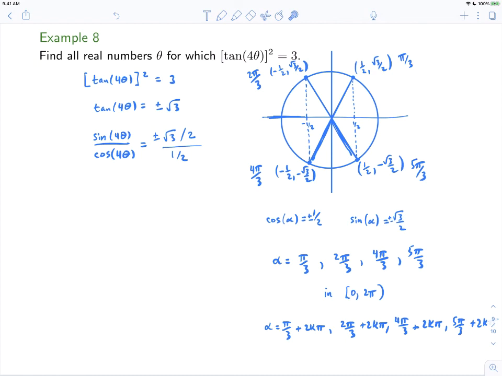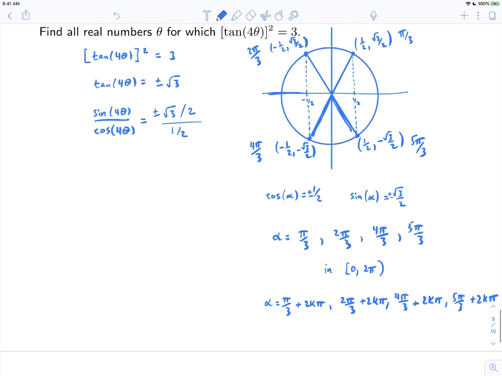So if we write down our viable solutions for alpha, alpha starts at pi over 3, and then we could add 2 pi, but we could also just add 1 pi. So you can add pi, or 2 pi, or 3 pi, or 4 pi. In fact, what we want to say is k times pi. That will take the pi over 3 and also the 4 pi over 3.